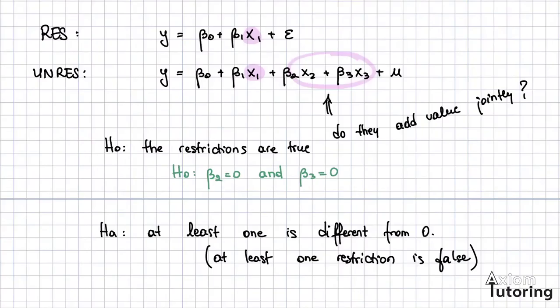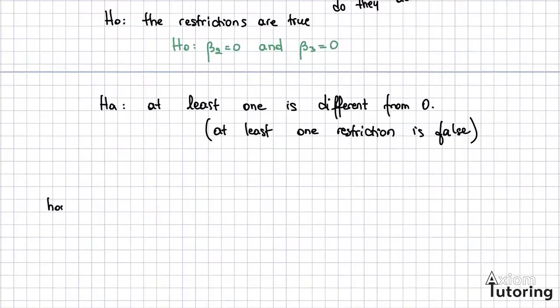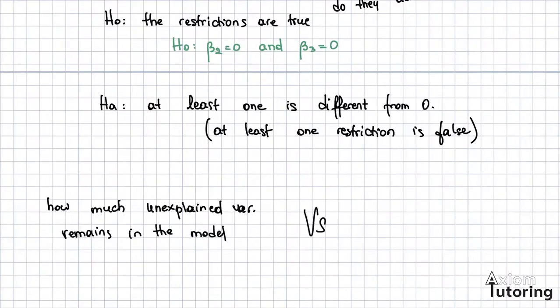It's going to compare how much unexplained variation remains in the restricted model versus how much unexplained variation remains in the unrestricted model.